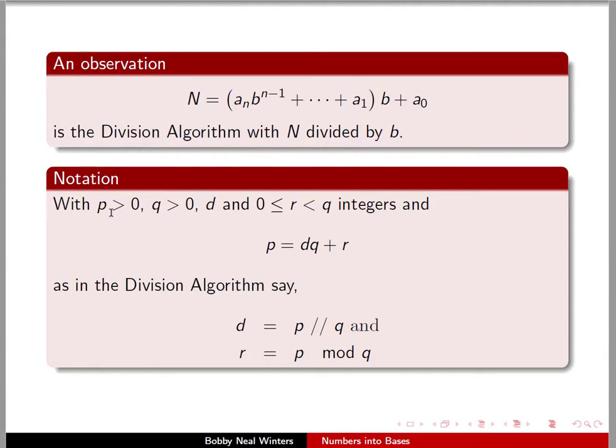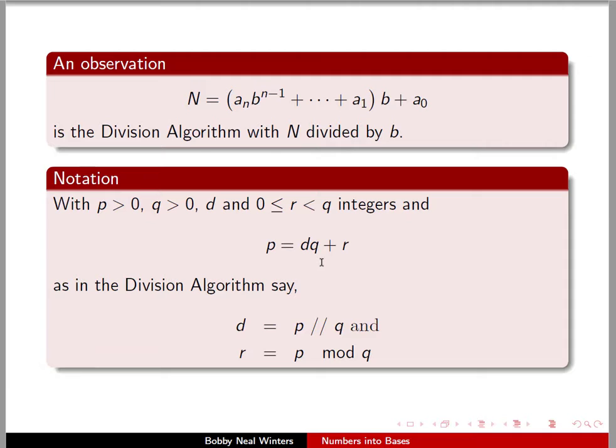But I want to take this opportunity to define a little notation. So let's have some integers, p that is greater than 0, q greater than 0, d also greater than 0. But actually d could be equal to 0. We'll see. But we'll also have an r, which is going to be non-negative, but it's going to be less than q, right? So basically, this is just also the division algorithm right here.